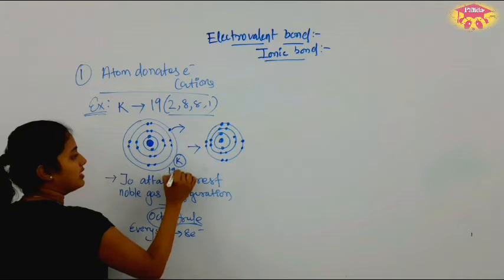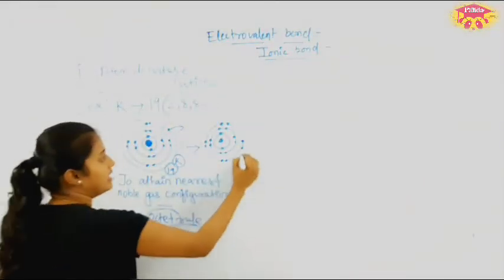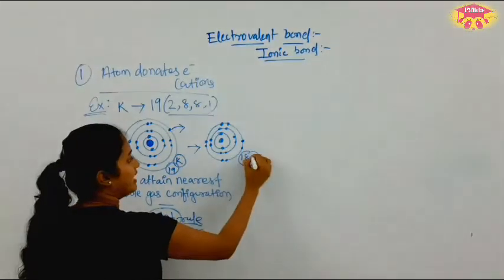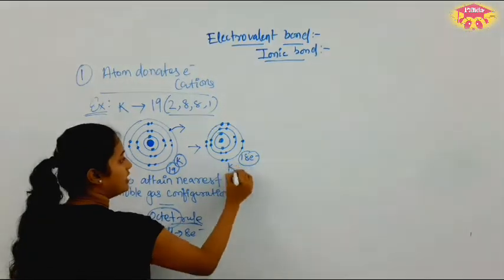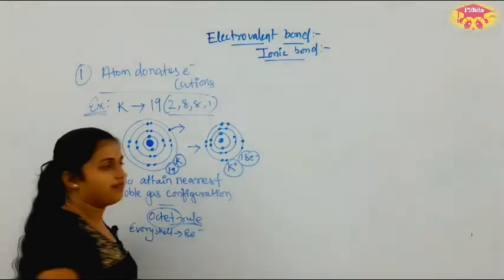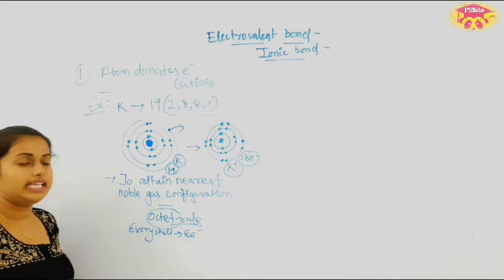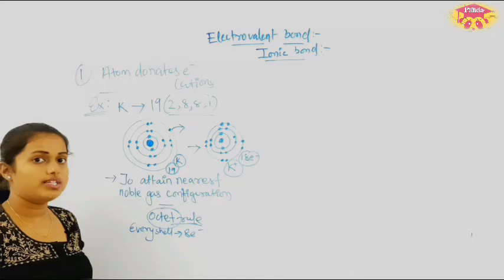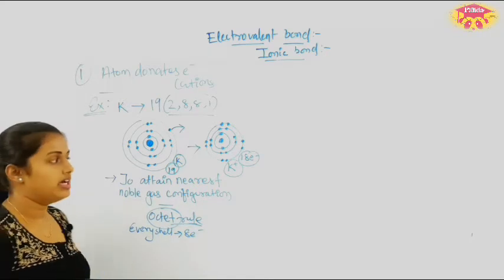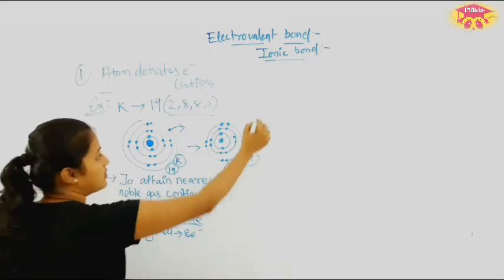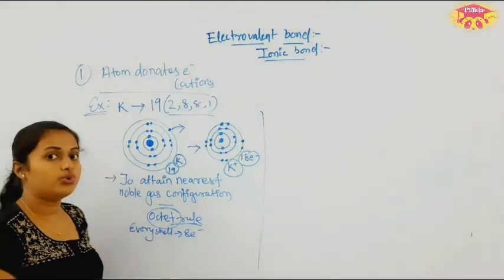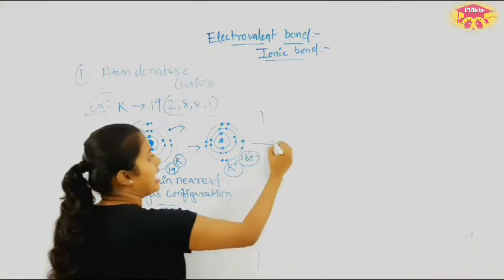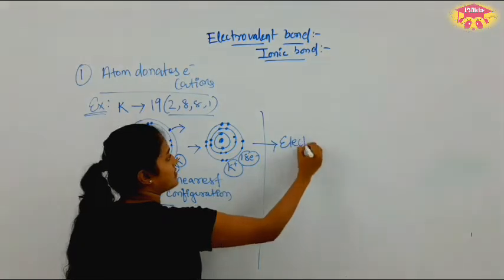So when potassium contains 19 electrons over here, here the potassium contains 18 electrons. Now the potassium is denoted as K plus because it donated 1 electron. Those atoms, students, who donate electrons are regarded as electropositive atoms.